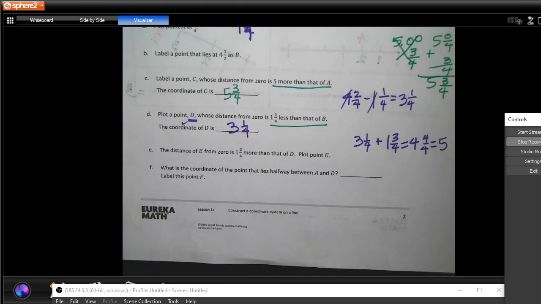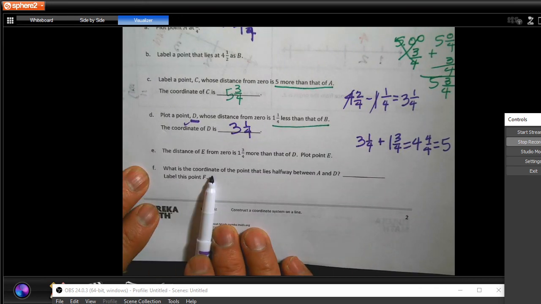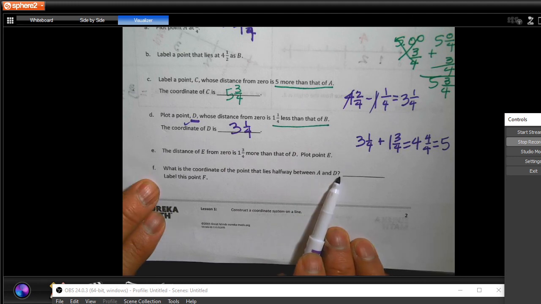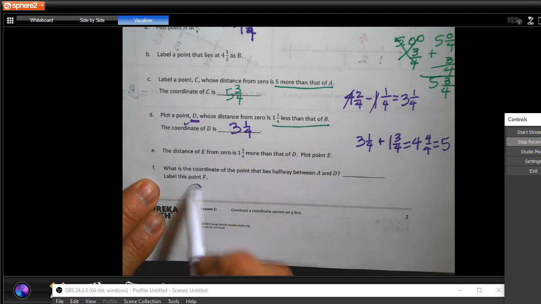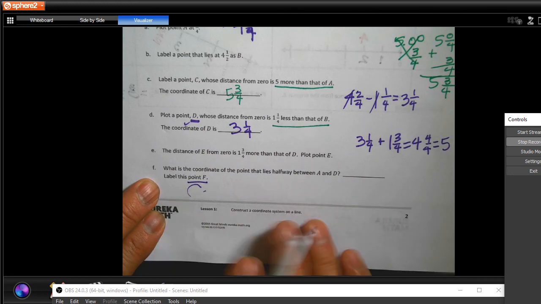Okay, my friends, we're almost done with this. What is the coordinate of the point that lies halfway between A and D? And we're going to label that one point F. So let's look at A and D. What is the halfway point?